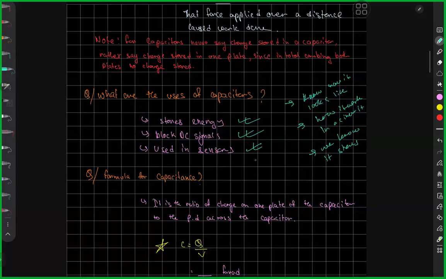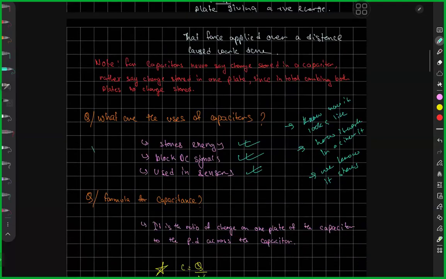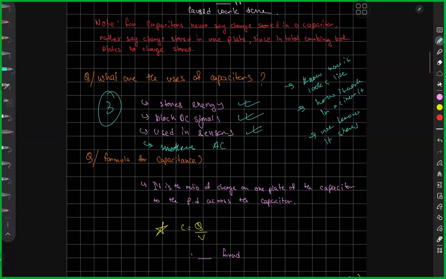And the other is it is used in sensors. These are three things which you should know about the use of capacitors. The other is it smoothens AC. And this one you'll see very extensively in the alternating current chapter, how the smoothing happens. I'll show this to you.